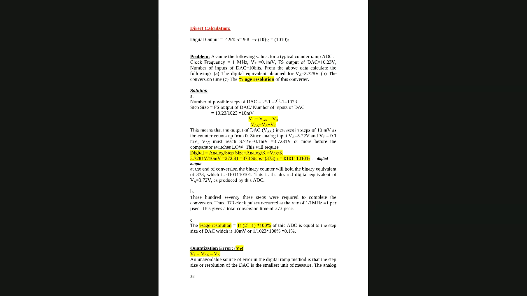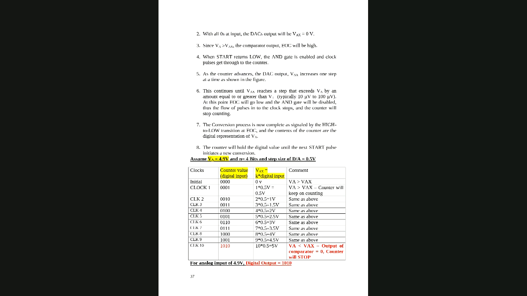Then we saw the quantization error, and why this error is coming we discussed in detail. It does not stop at the precise value. The problem is that we always have a difference, and that difference comes because of the step size. For example, in this example we have seen that it is jumping from 4.5 to 5.